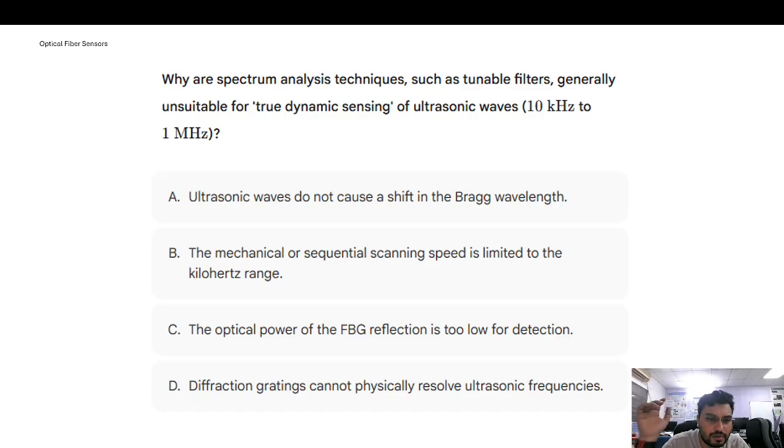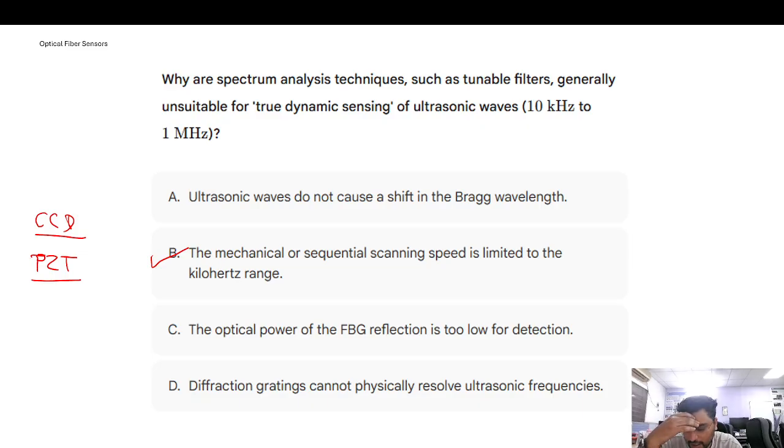So here option B is the correct one. The mechanical and sequential scanning speed is limited to the kilohertz range. And why is it so? Because in the tunable filter, the spectrum analysis is done by either CCD or PZT.